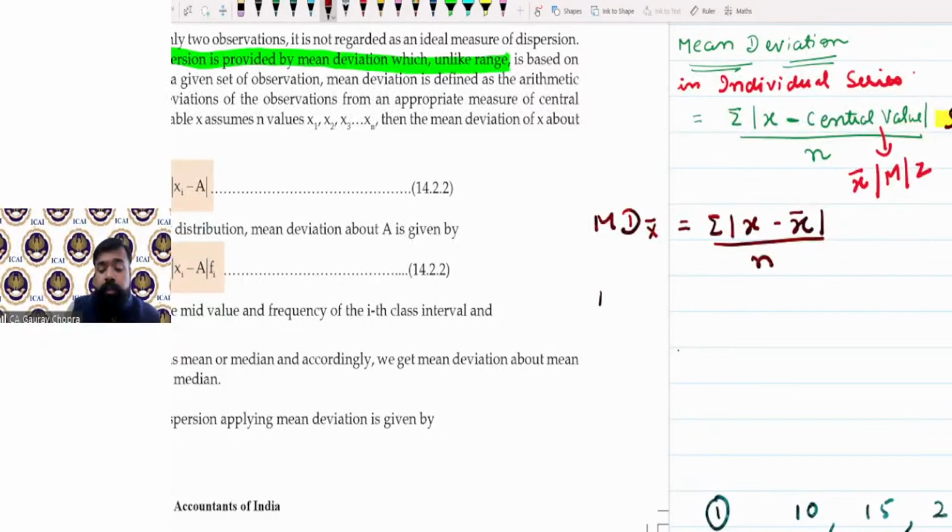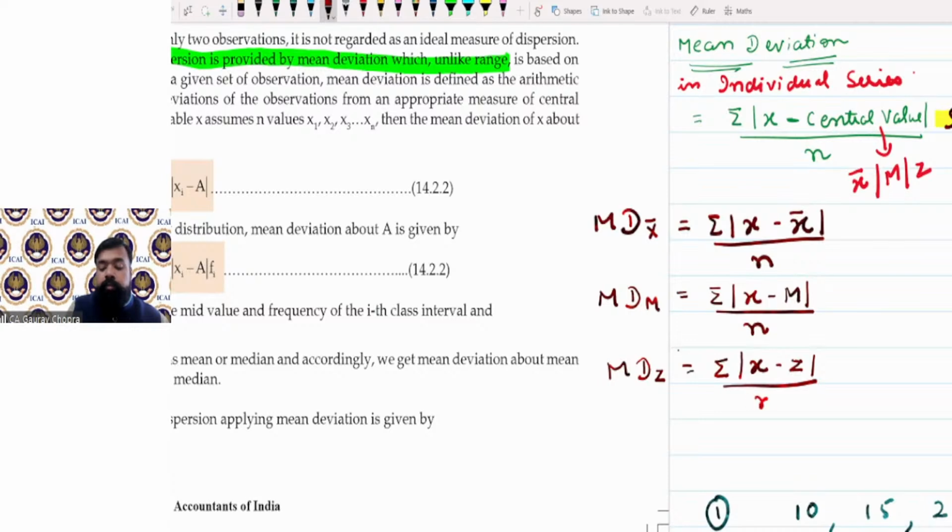If it is mean deviation from median, then the formula will be sigma mod x minus m upon n. And if it is mean deviation from mode, then we will write sigma mod x minus z upon n. So these are the formulas for calculation of mean deviation.